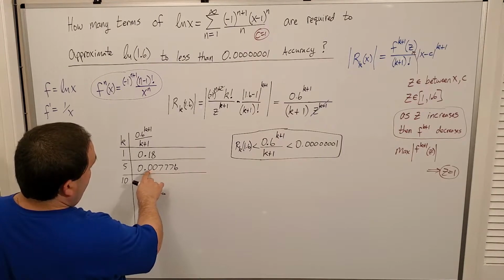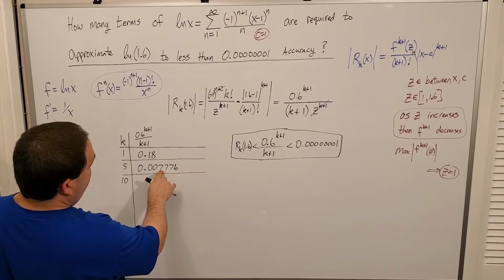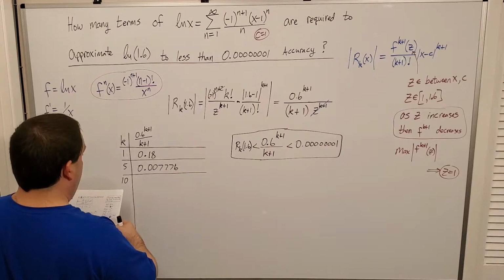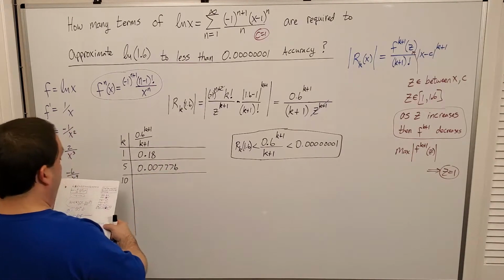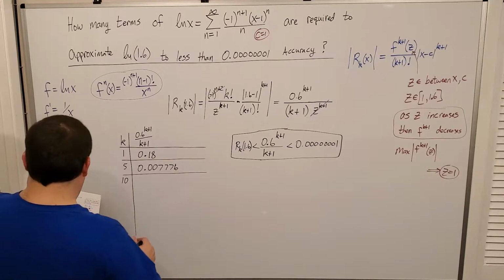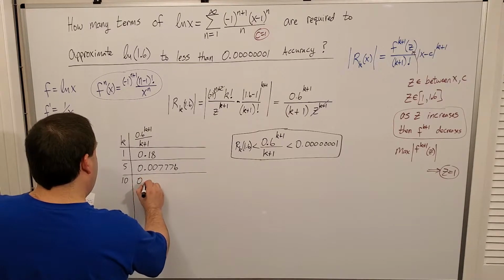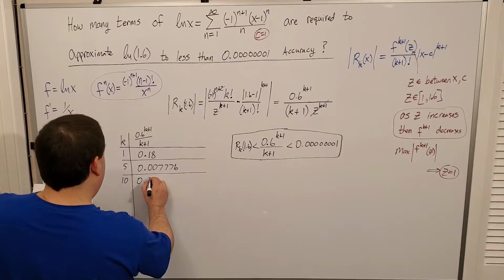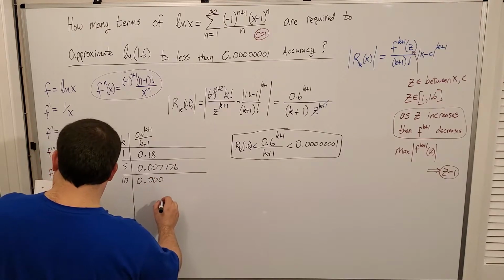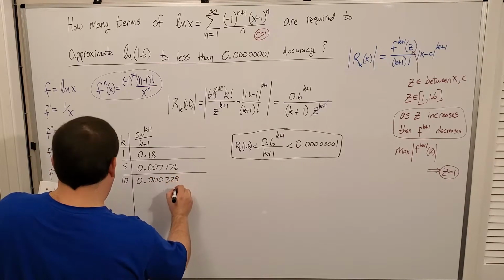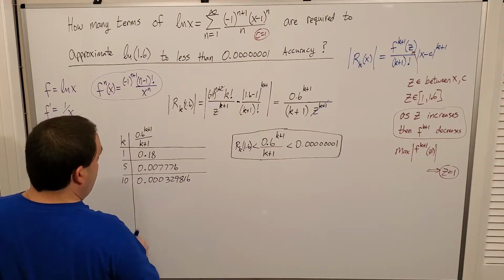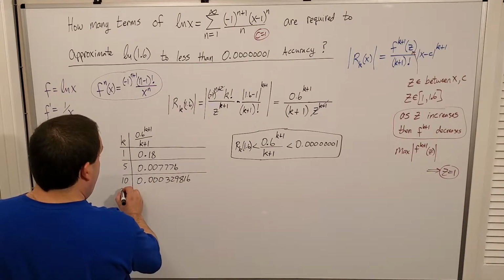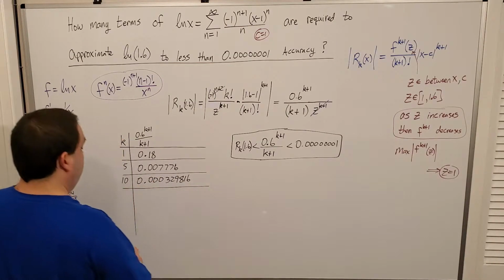We got some zeros here, which means we've got accuracy at least up to the second decimal place. The third one is the first one in question. At 10, when k equals 10, I have 0.000329,816. So we only gained another decimal place of accuracy there with the other 0.